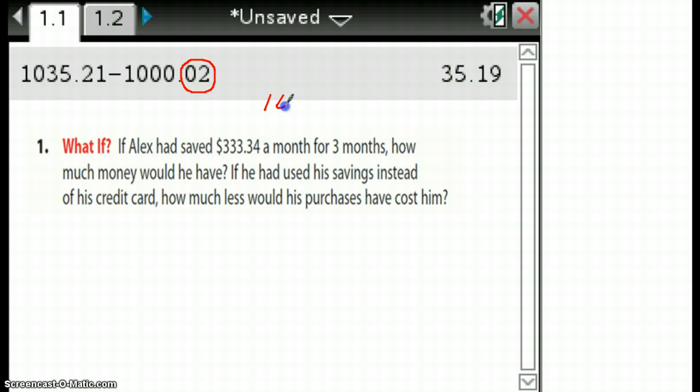So we would really just subtract 1,035.21 minus 1,000, and actually he would save $35.21. Okay, keep that in mind. Even though I went on and used that part with the calculator, if he had the $1,000, he didn't spend $1,002. If he had $1,000, he would have saved the $35.21. Okay, so let's make sure we understand that this is what we're looking for here.